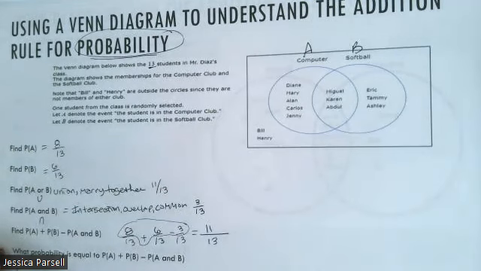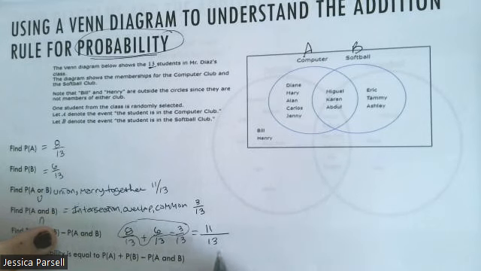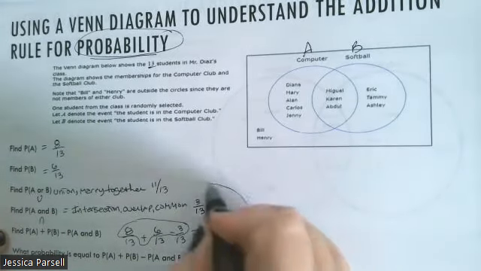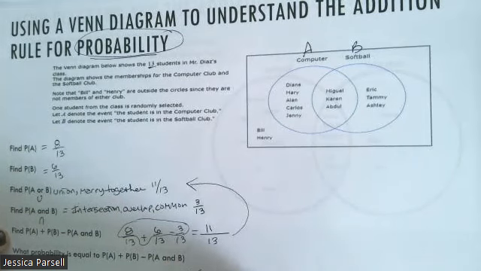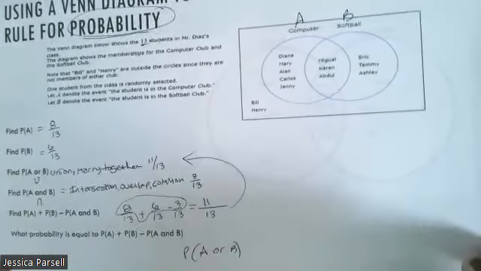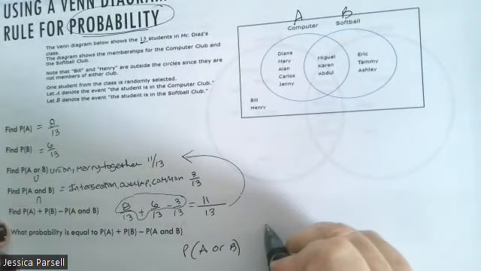Okay, what probability is equal to the probability of A plus the probability of B minus the probability of A and B? Well, that's 11/13, which is the same thing right there, which is the probability of A or B. So they're kind of driving us to a little formula here.